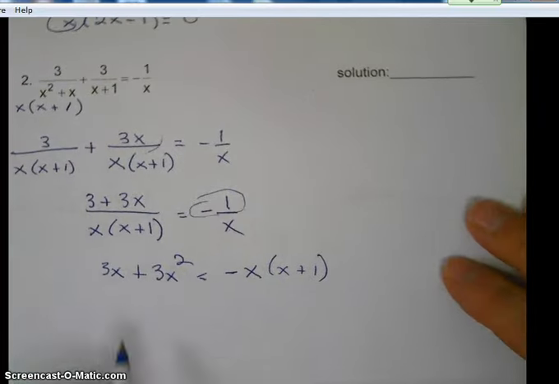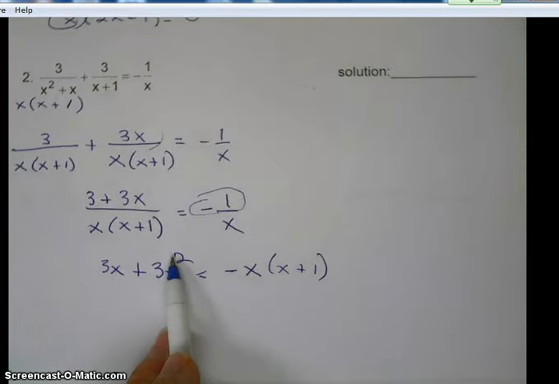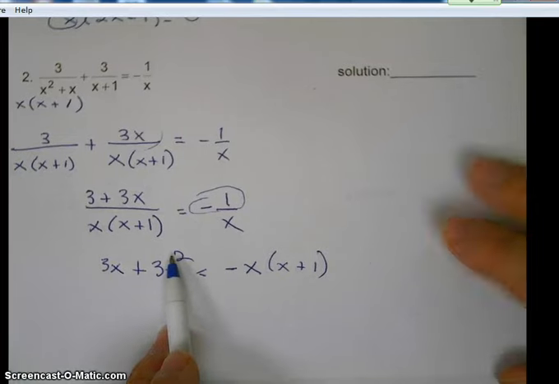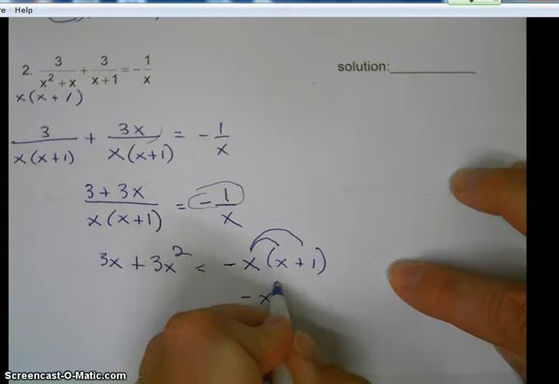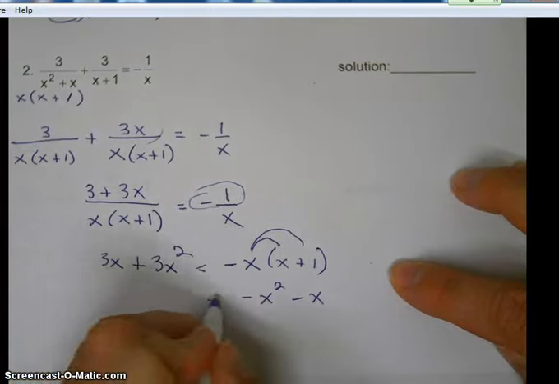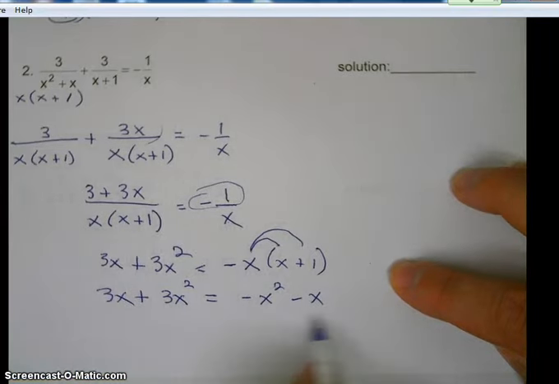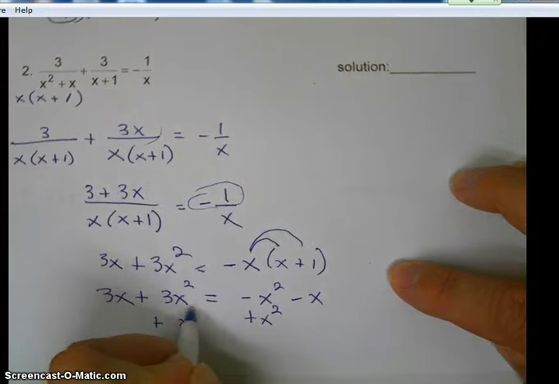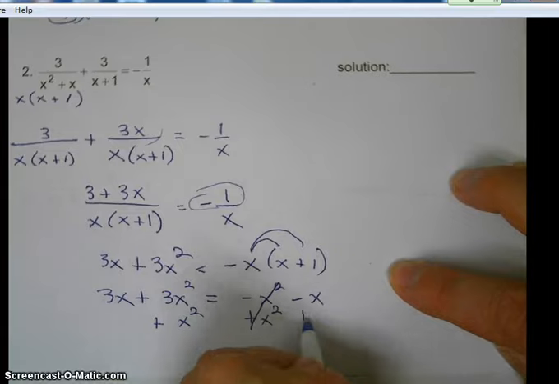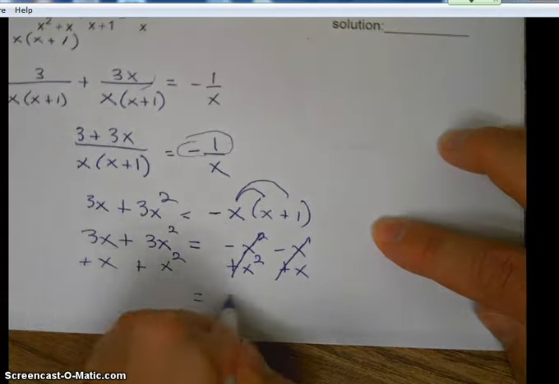Now we have a quadratic. Again, we want to set the equation equal to 0 and solve. I'm going to simplify the right side. Get you guys going on this. I'm just cleaning things up here so that I can move things over. I'm going to add the x squared, which cancels that out. I'm going to add the x to cancel that out to make our 0 over here.